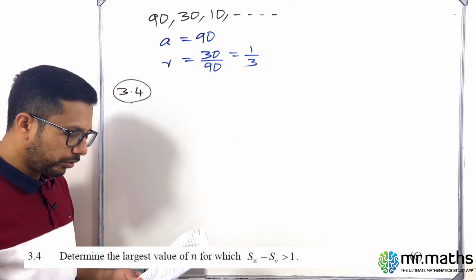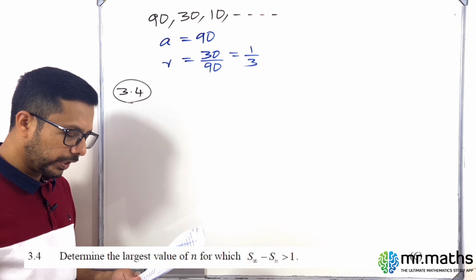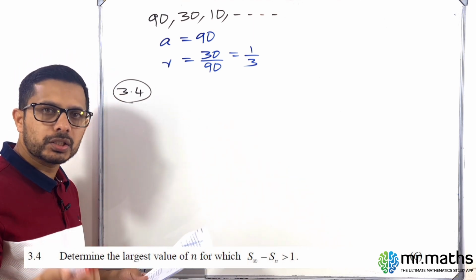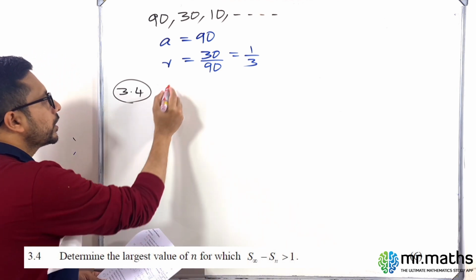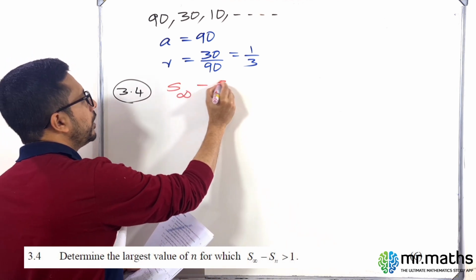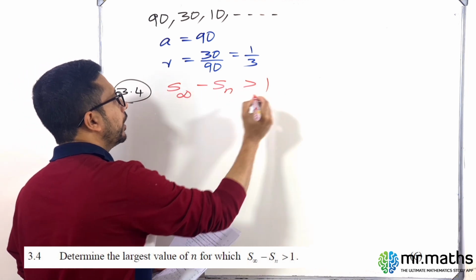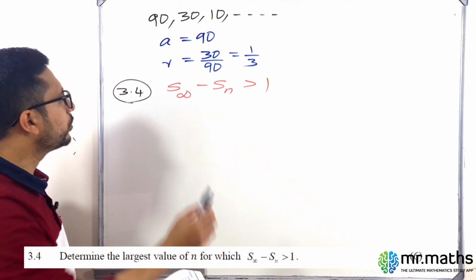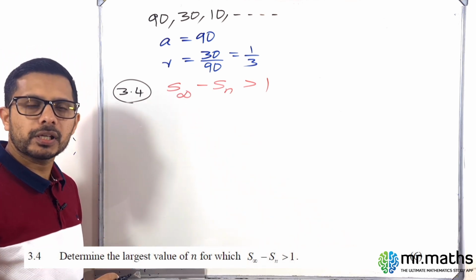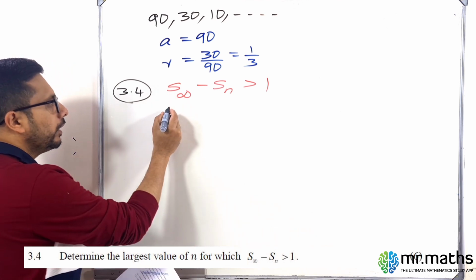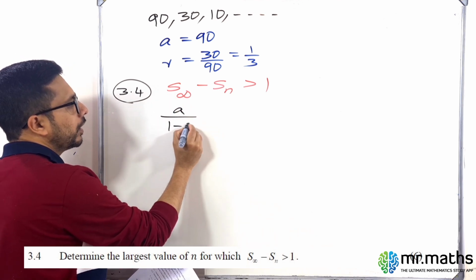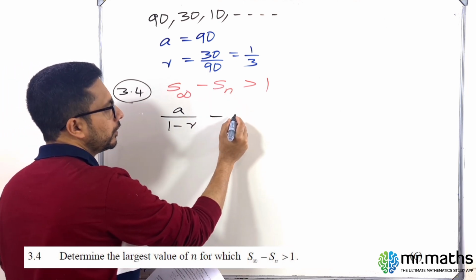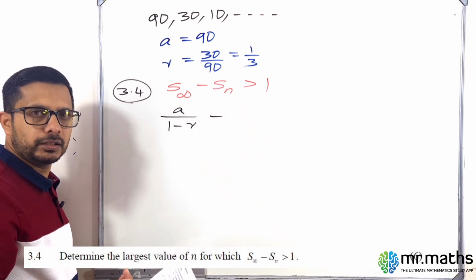Determine the largest value of n for which S infinity minus Sn is greater than 1. So you have to find the largest value of n. And what is the condition given here? S infinity minus Sn is greater than 1. Here, what is the formula to find the sum to infinity? A divided by 1 minus r. Minus Sn. What is the formula to find Sn in a geometric series?